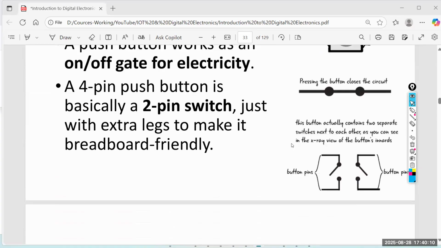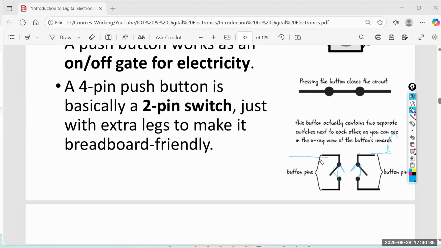So this is how it works. Basically, you can think of it like this. This is how it looks internally. Internally, electricity cannot go from here to here, and if you give electricity here, it can't go to this side. But when you push it, both sides are closed.